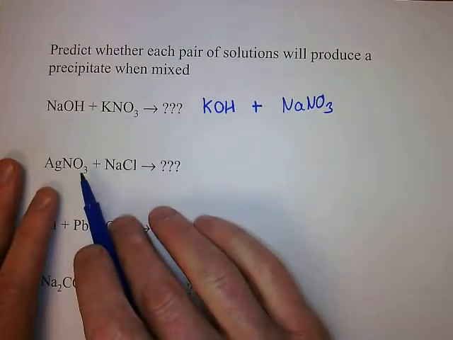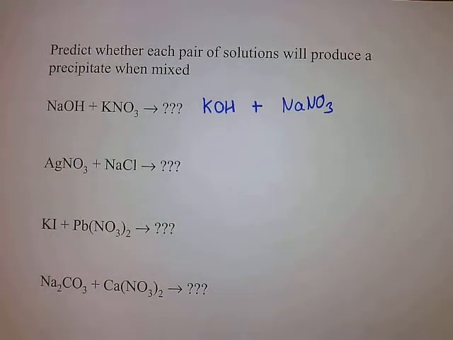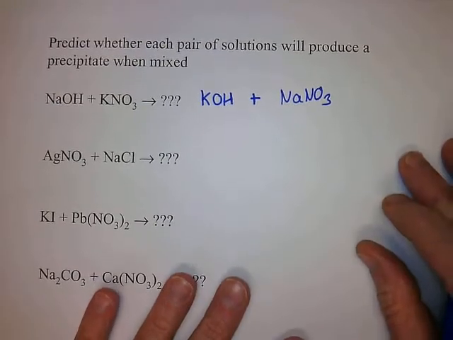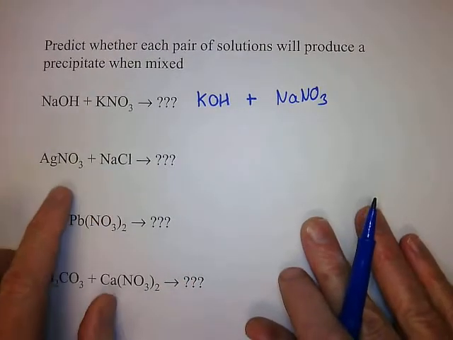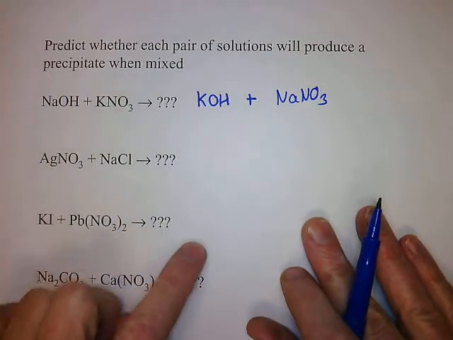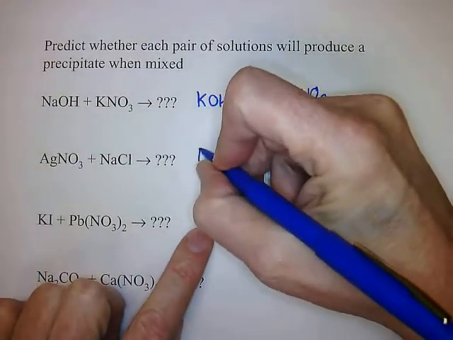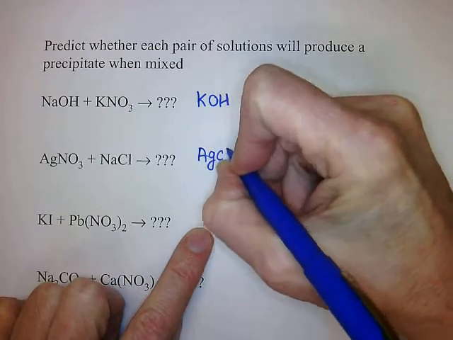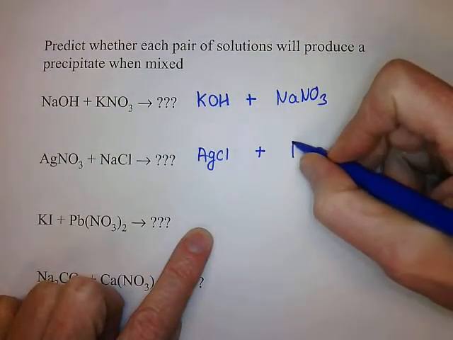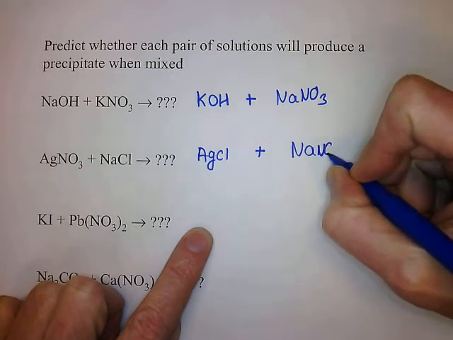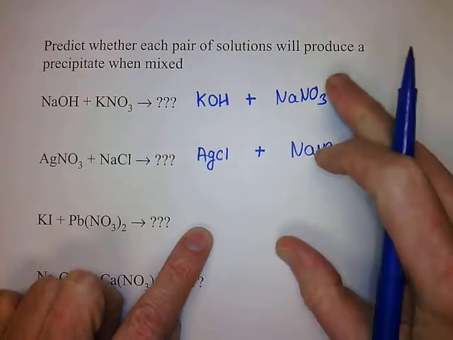What about if we mix silver nitrate and sodium chloride? Again, we're going to swap the ions around. So what are we going to produce? Silver chloride plus sodium nitrate. That's the same product as up here.